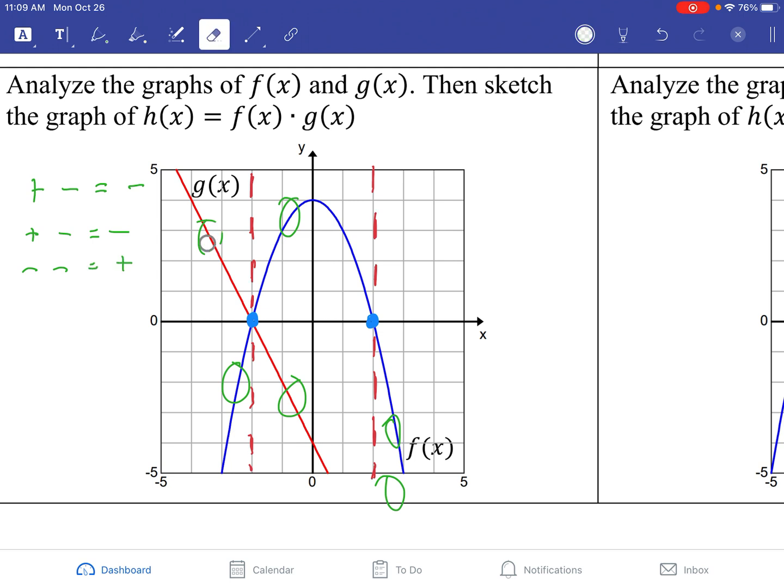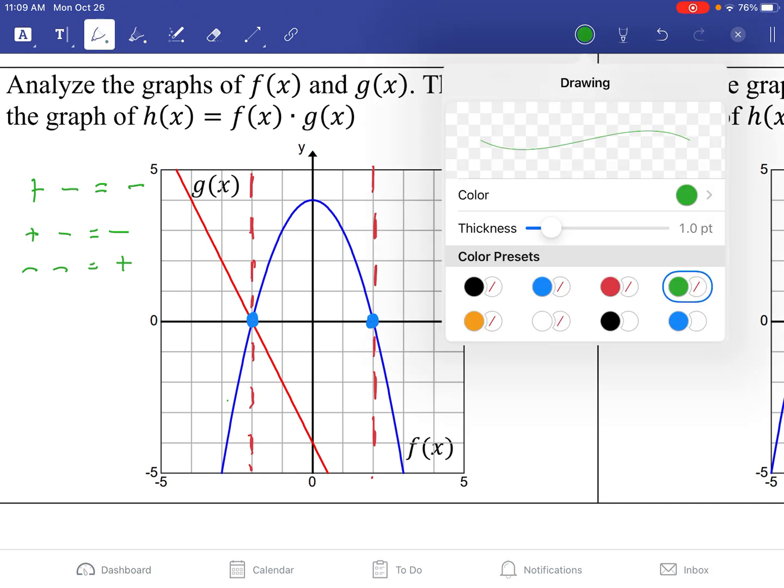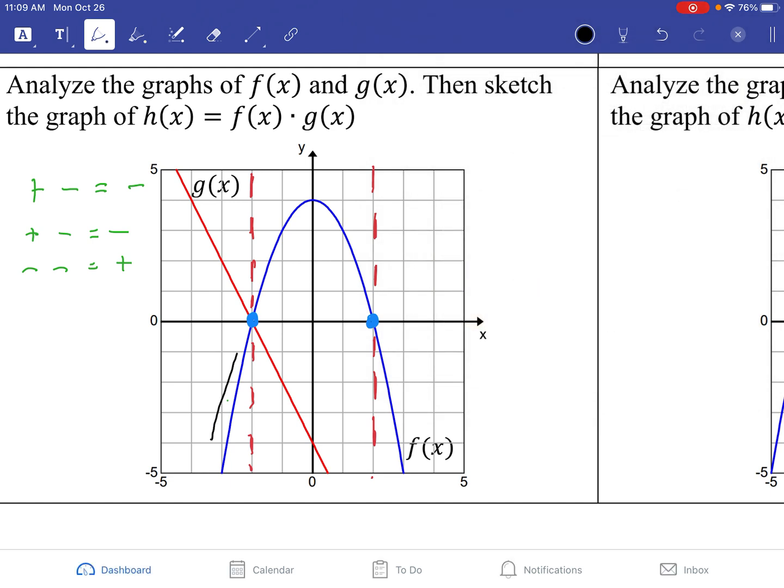So I'm going to erase the green circles. Put it back on the blue. Actually, we're going to put black on this one. All right. So the first region, we start off negative, and we go up to the point, but the second region is going to be negative again.